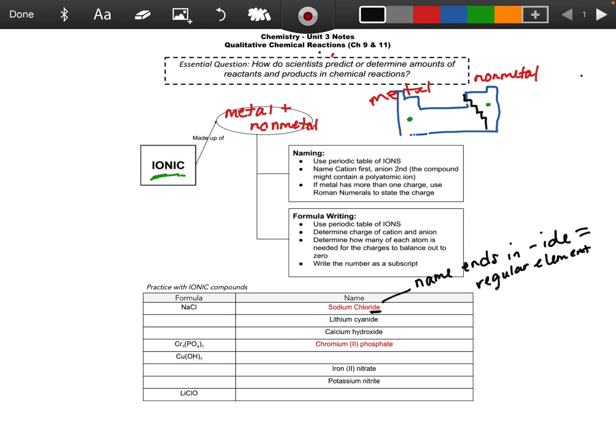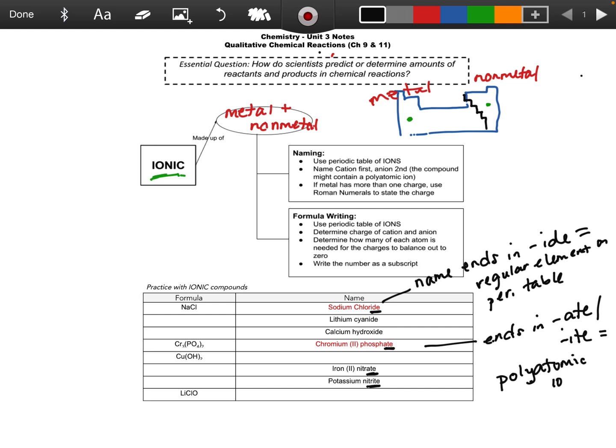If the name ends in "ate" or "ite," that means that it contains a polyatomic ion.